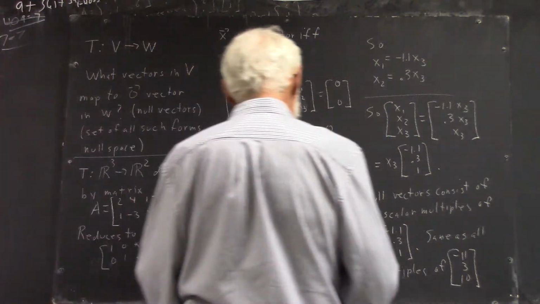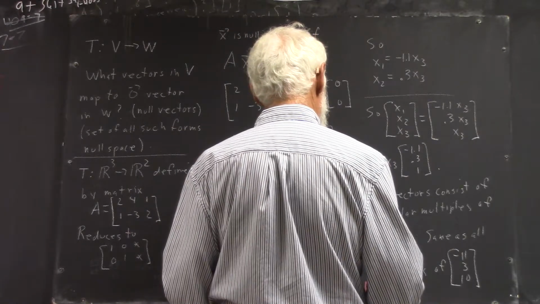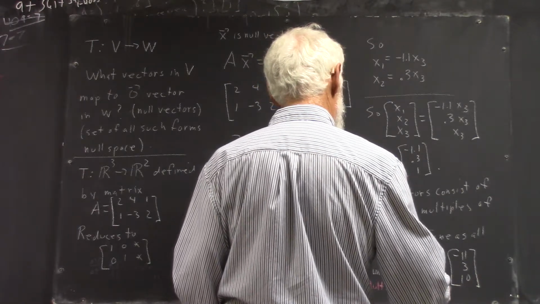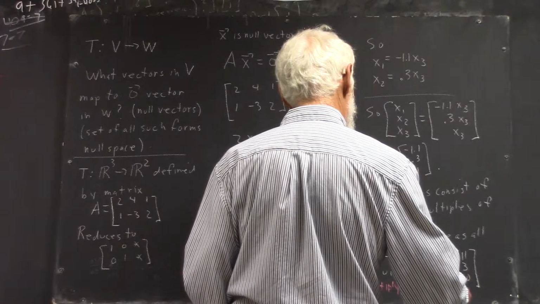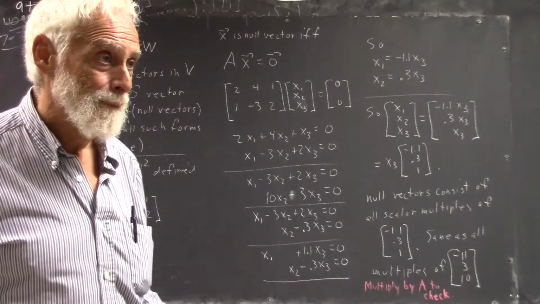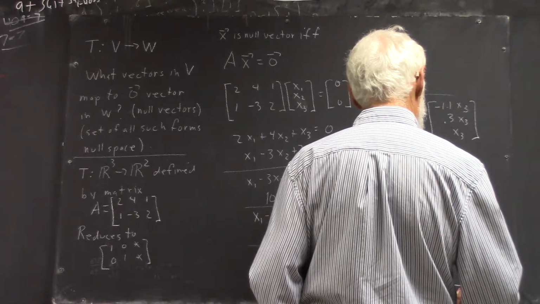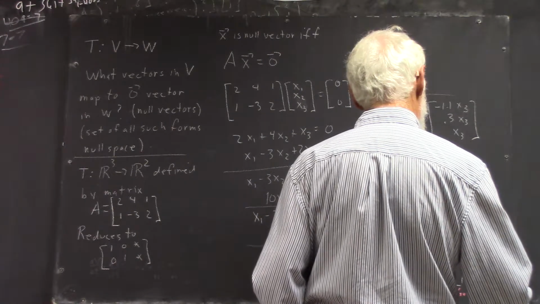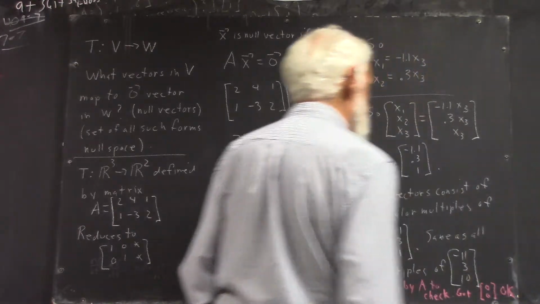So I'll just say multiply by the A matrix to check. We got 0, 0, so we're okay.